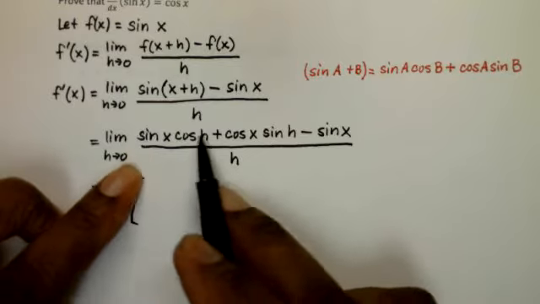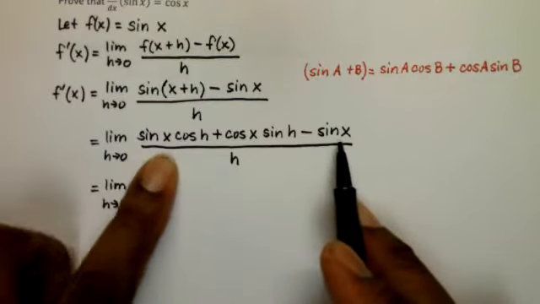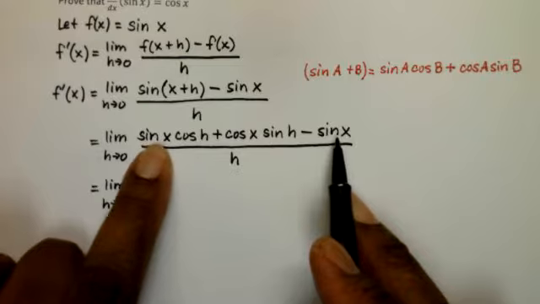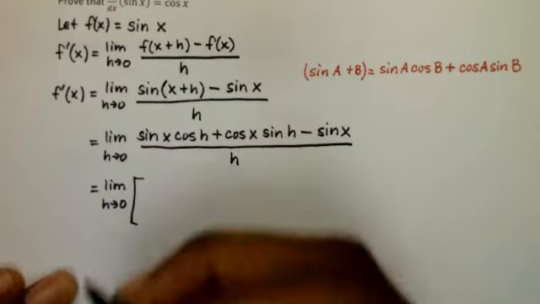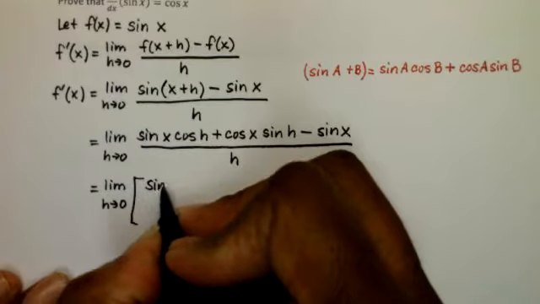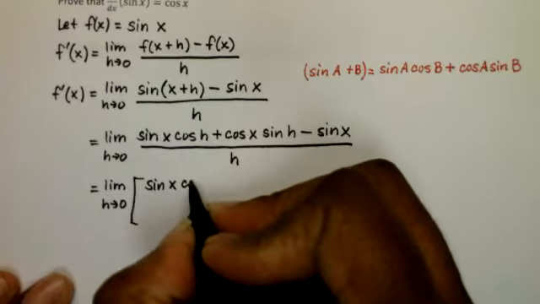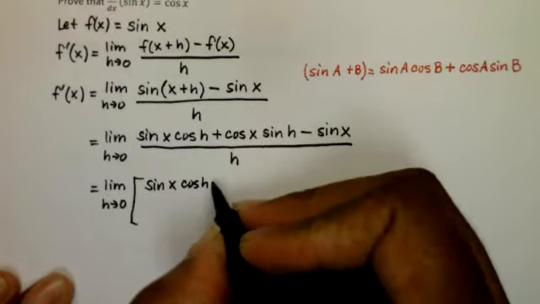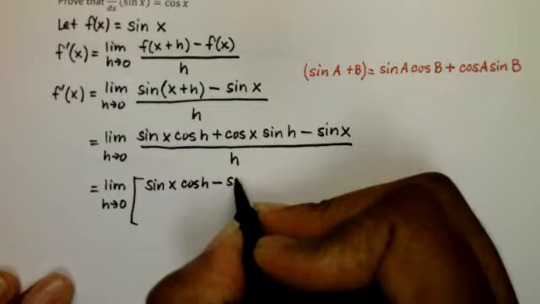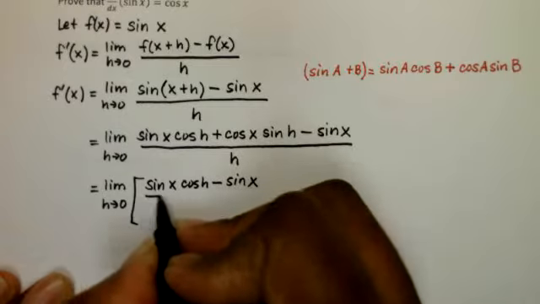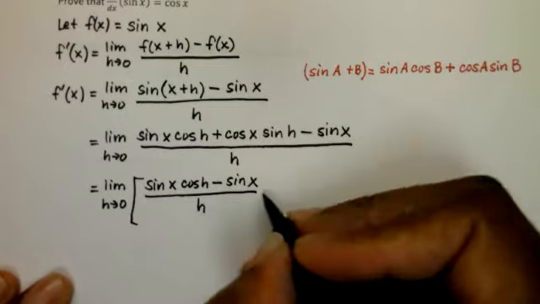I'm going to group terms that have sine of h in them. This term with this term right here, sine of x, sine of x. I'm going to group that together. So here I got sine of x, cosine of h, and then minus sine of x. That's going to be divided by h.